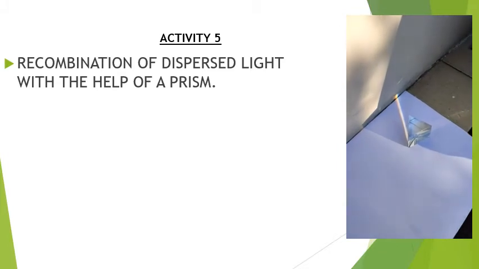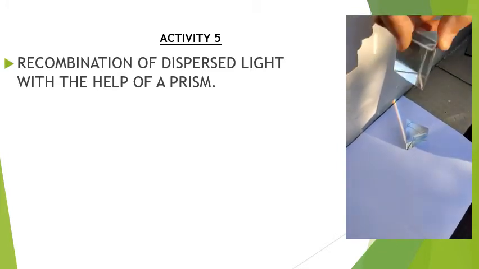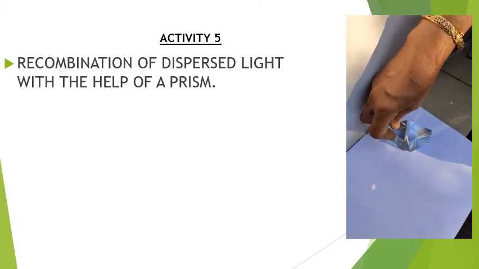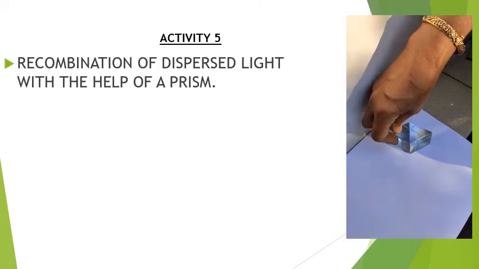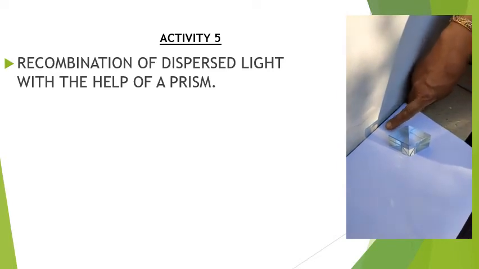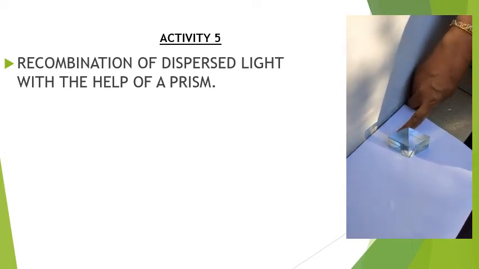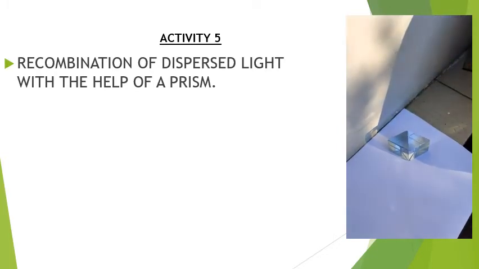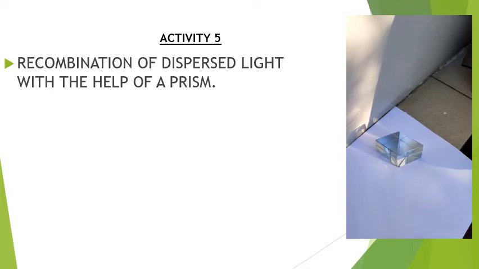Now if we place another prism in the opposite direction, what do we see? We see all the 7 constituent colors have joined again and emerged as white light. This process is called recombination of colors.